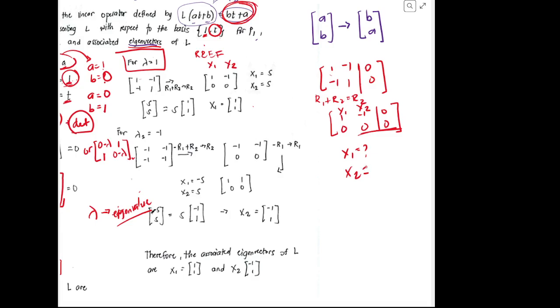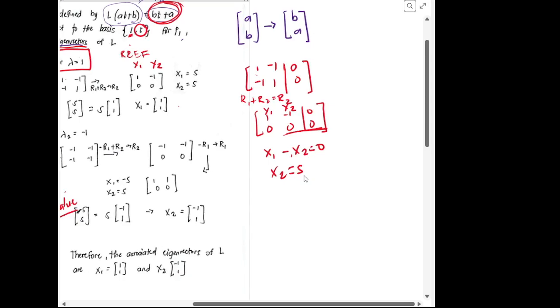Thus, we simply equate it to a variable. Here, we choose s. And then, if x sub 2 is s, on our first row, we know that x sub 1 minus, since it's negative 1, minus x sub 2 equals 0.